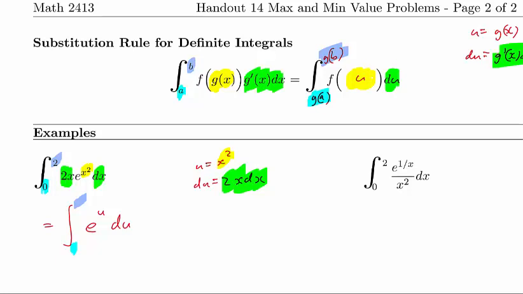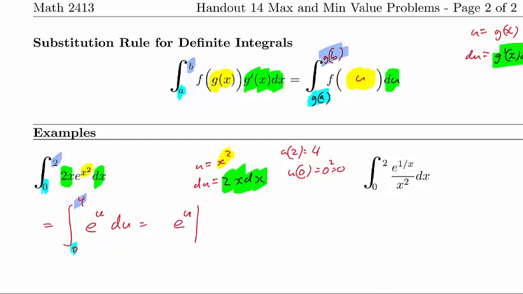So first off, what is u of 2? It's going to be 4, right? Because it's 2 squared. What is u of 0? Well, 0 squared is 0. That's it. That's all we do. And so now we just take the antiderivative, which is e to the u.